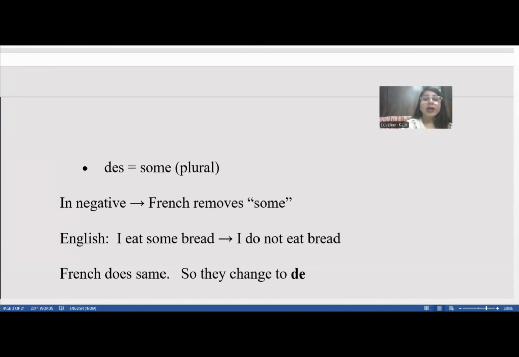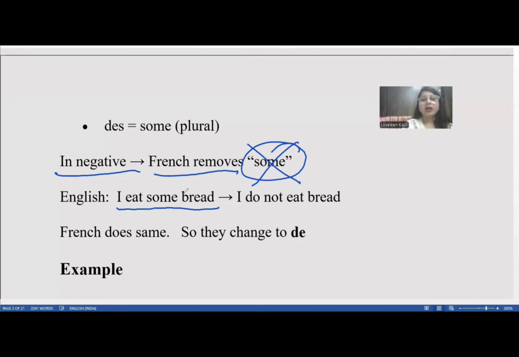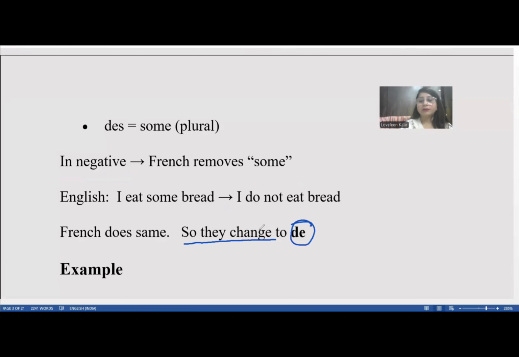And now whenever we make it negative, French removes some. So we remove this du, de la, des. For example, if I say I eat some bread, I do not eat bread. We do not use some in English also. In a similar way, French does the same. So they change it to de, right?